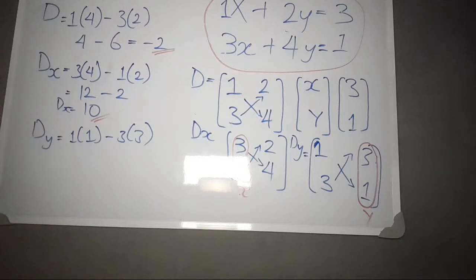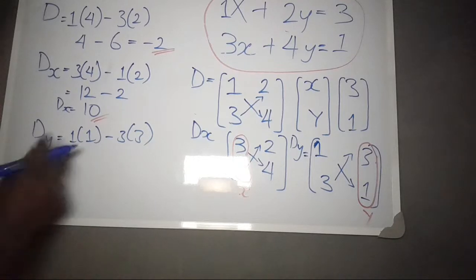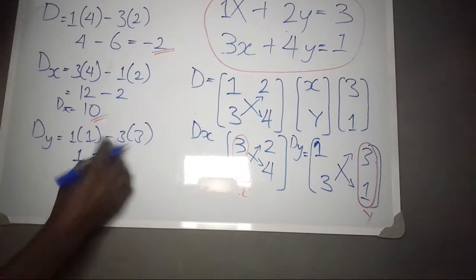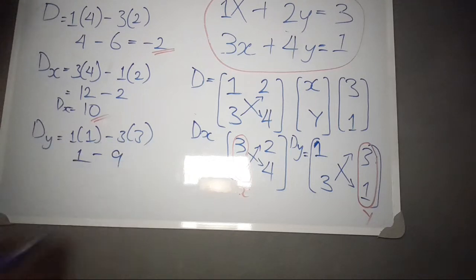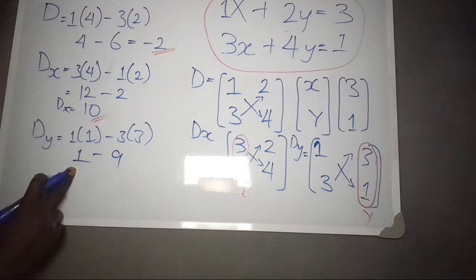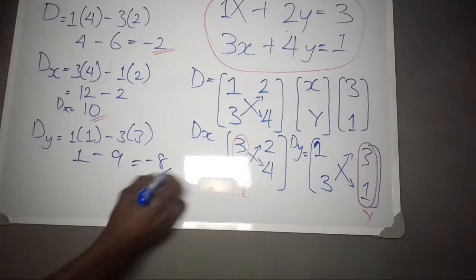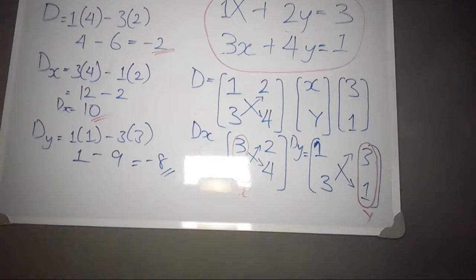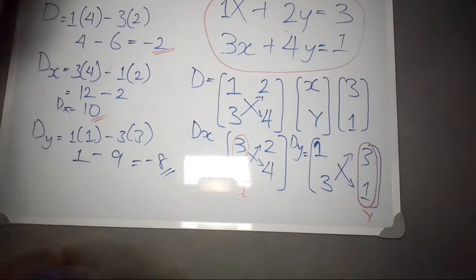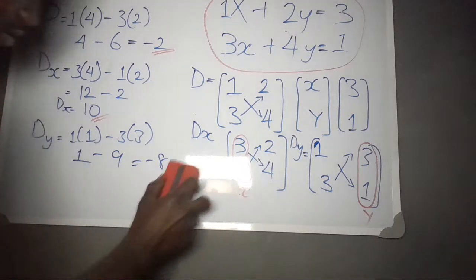For y, we have 1 times 1, that's 1, minus 3 times 3, that is 9. So positive 1, negative 9, that gives us negative 8.